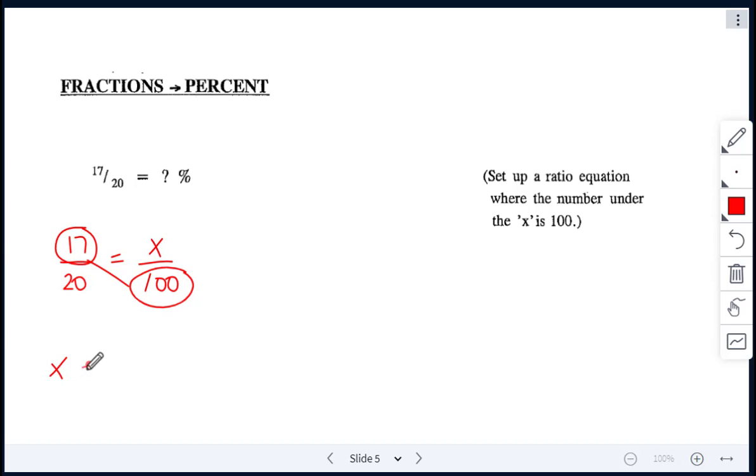So we take 17 times 100, and then you just divide by the number that's by itself there, and then you just divide by 20. And then you can put that in your calculator. 17 times 100 divided by 20, which gives us 85. And again, so 85%.